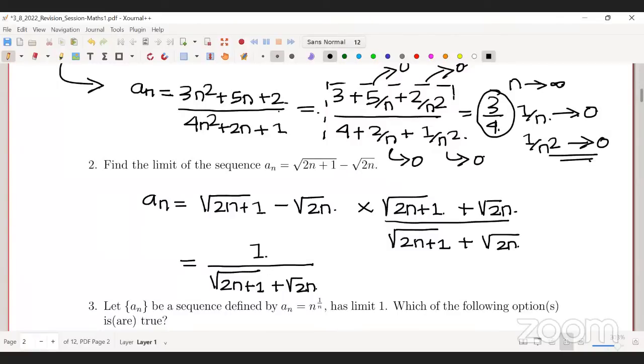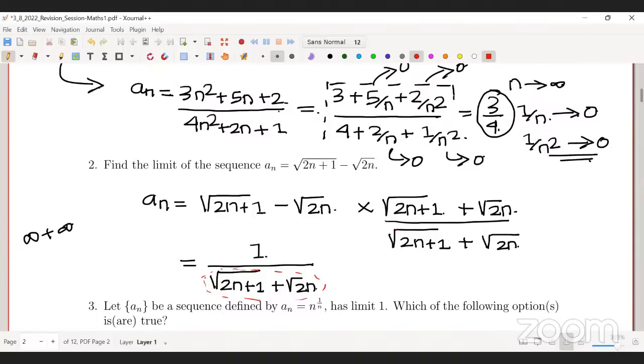Yeah, because as you can see, now we are in a safer condition. If you see the denominator, we have infinity plus infinity, right? As n tends to infinity, this term in the denominator is basically infinity plus infinity.